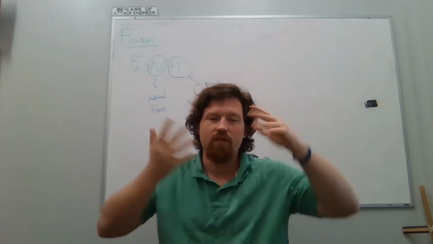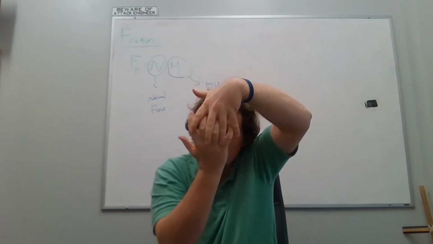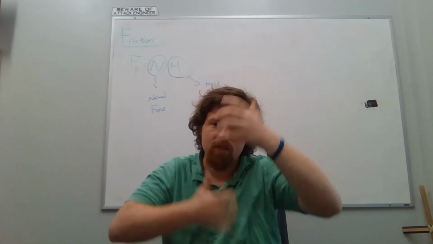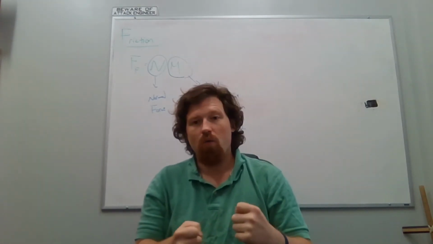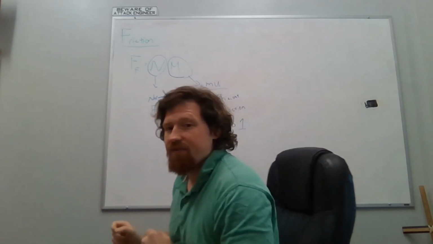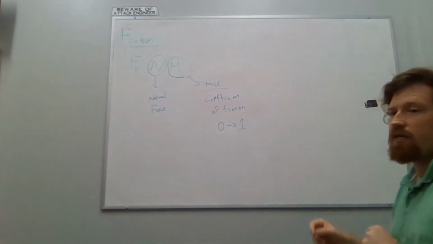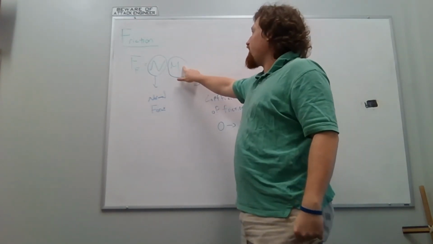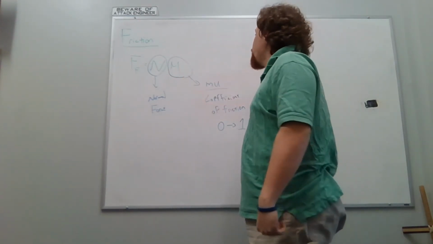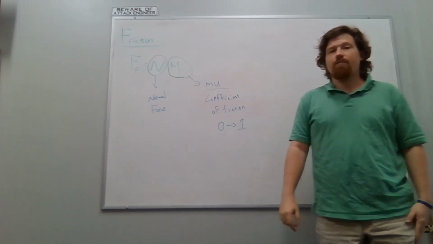You are pushing the bumps and cracks harder into one another, so it becomes harder to slide those two surfaces across one another. So, the two things that affect the friction between two objects are the normal force between the objects and how smooth they are, the coefficient of friction of those objects.